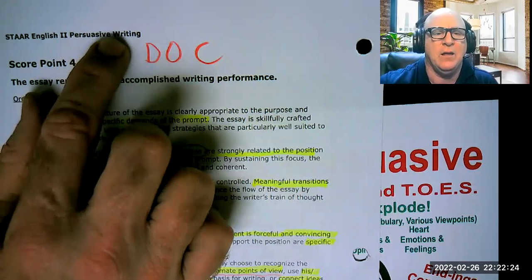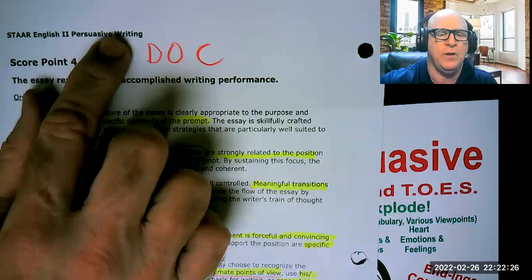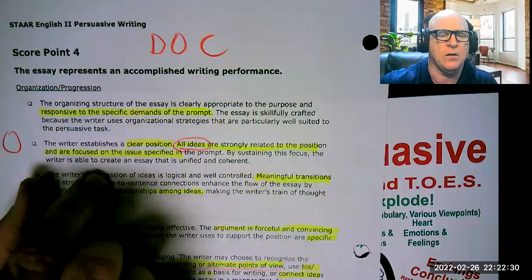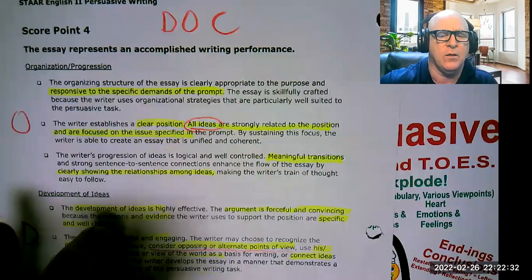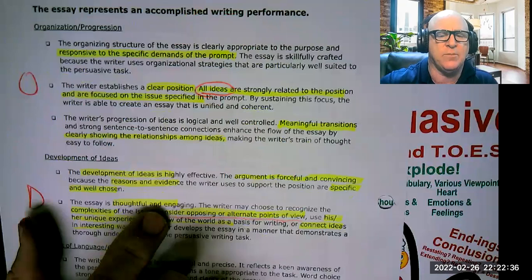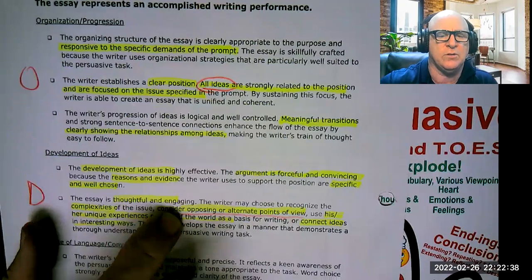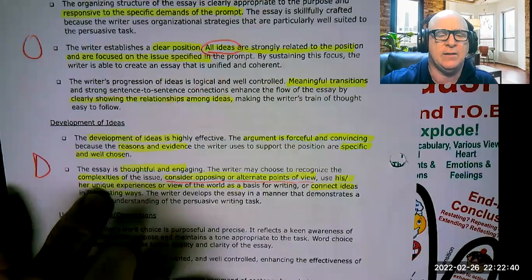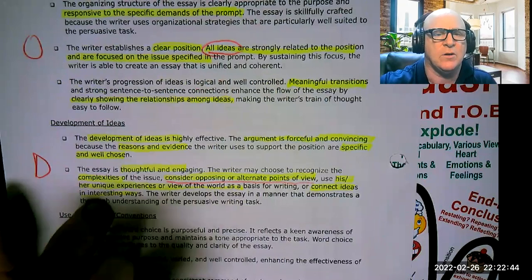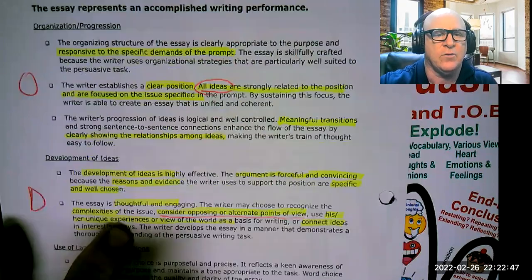What did we say? Our essay should be unique. That's what thoughtful and engaging is. Unique experiences of the world. Connect in interesting ways. Interesting starts with an I. So unique.